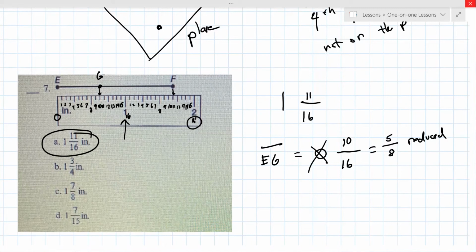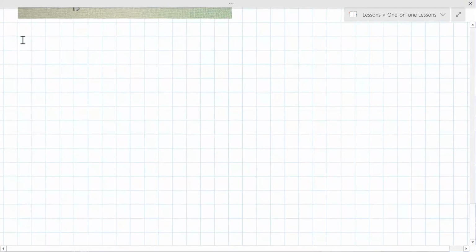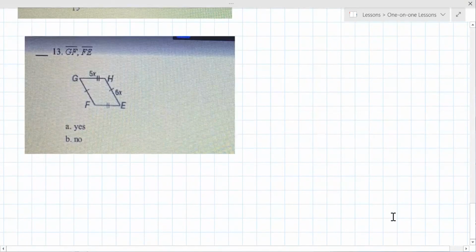All right, so here is the next question. I'm going to snip that and put it on the screen here. Okay, 13 is line segment GF, line segment FE. I remember sometimes they even ask you to write this out in words, like line segment GF.